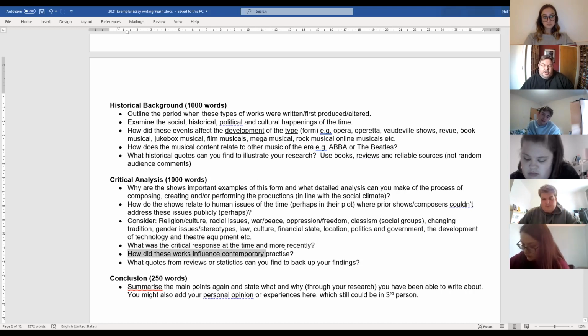You might think, okay, how did the early work or these works influence other people? So we've already talked about Oscar Hammerstein, who taught Stephen Sondheim, who also sort of inspired or taught Stephen Schwartz, and we're going to look at Jason Robert Brown in a moment, and he was very inspired by Sondheim's musicals.